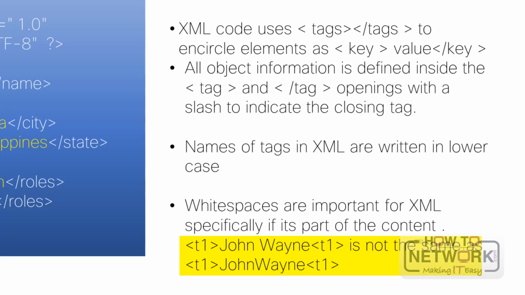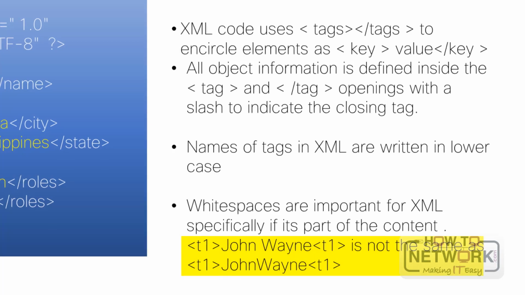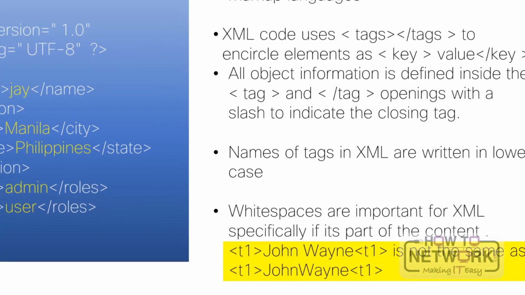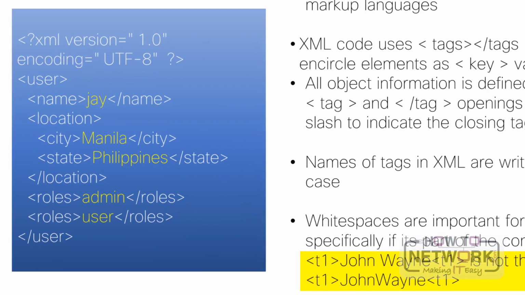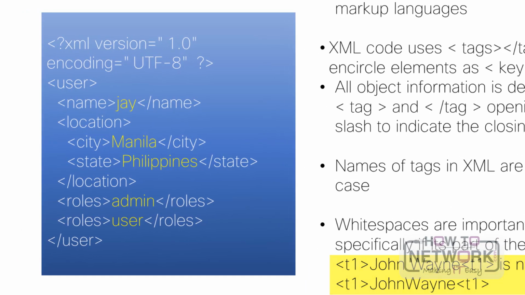That is not the same as a T1 with John Wayne without a space and a closing tag. So you have to make sure that the white spaces are correct within the content body. An object can either contain basic information such as a name or more complicated data with tags being nested inside the object, such as the location in this case.